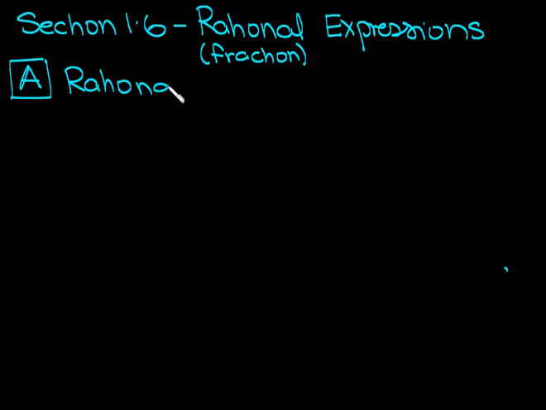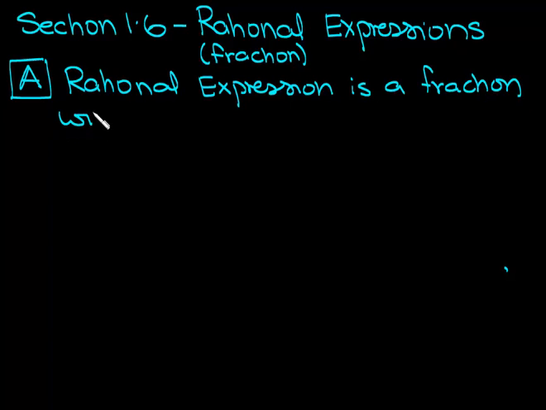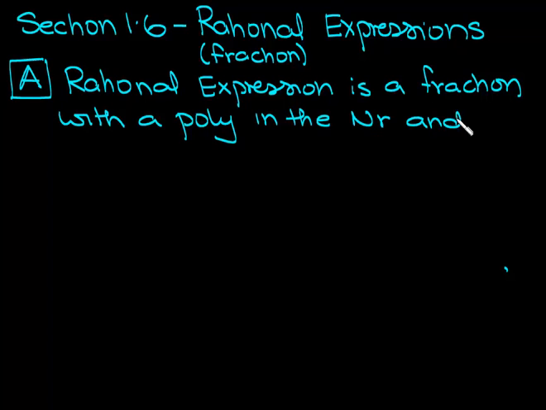So a rational expression is a fraction with a polynomial in the numerator and in the denominator. That's what it is, where you have a polynomial in the numerator and denominator.